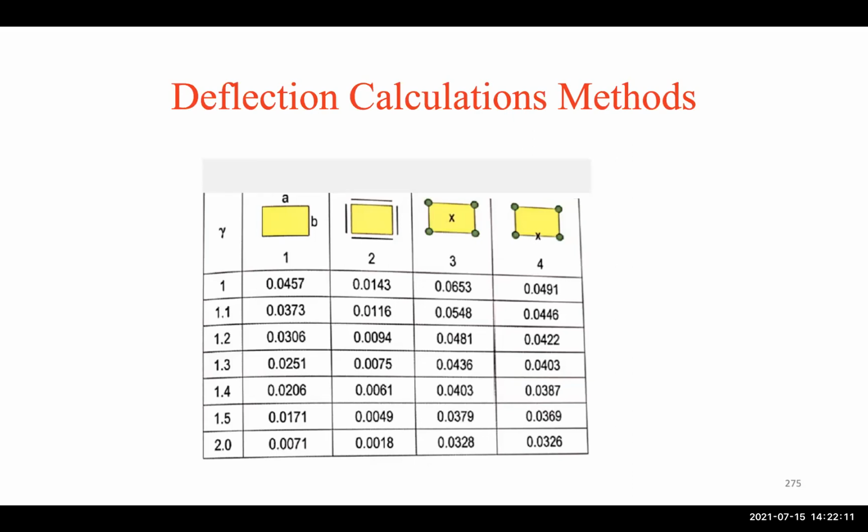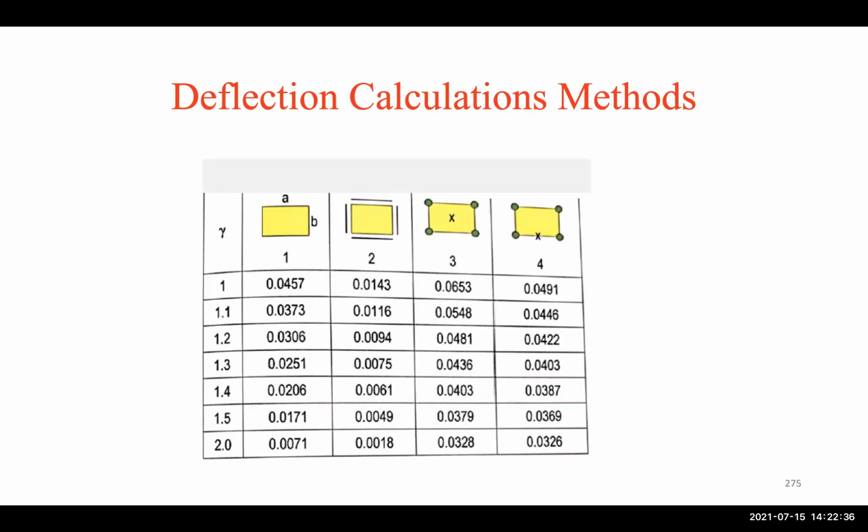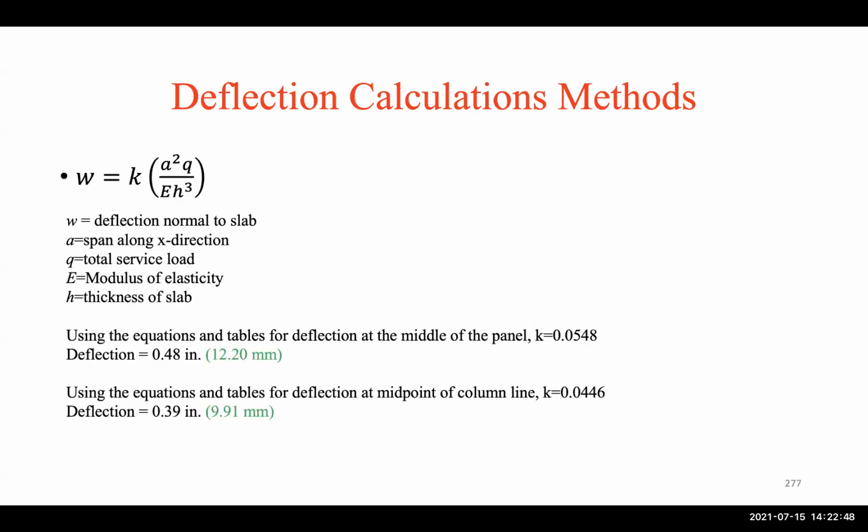Or for those of you who have Roark's formula book, which has a lot of closed form solution equations, there's one chapter for plates that can be used, which includes coefficients depending on the boundary condition, whether it's fixed, fixed pinned, or fixed free, etc. Then based on the ratio between A and B, the sides of the slab, we can determine the coefficients, and then we can use this equation to determine the deflection of the slab.